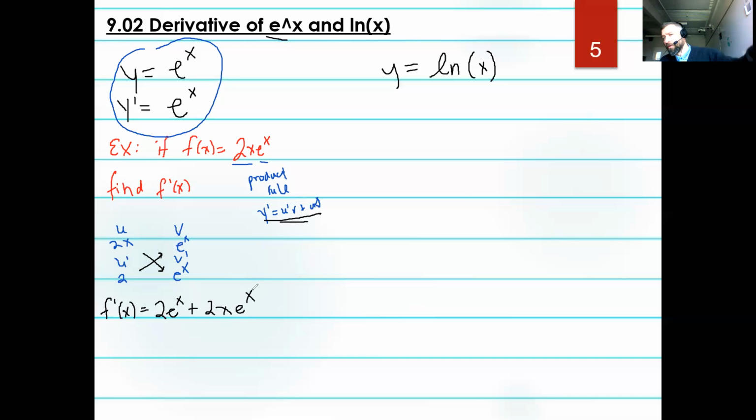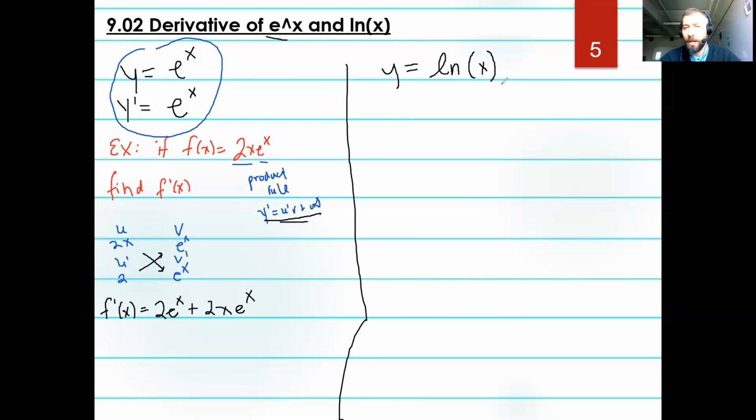All right, and there's our derivative, right? Using the exponential function's derivative and the product rule in this case is what I needed because those two things were being multiplied together. Now we could still find the slope of something like this by plugging in a number. If I wanted to find the slope of f of x at 2, I would first find f prime and then plug in 2 to that derivative.